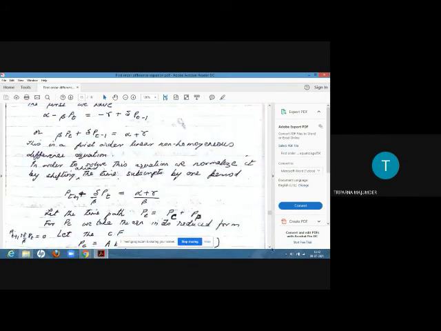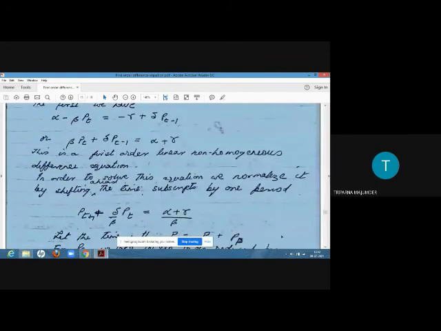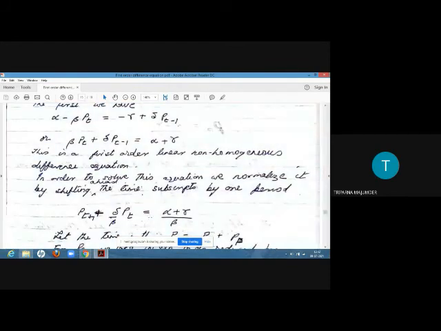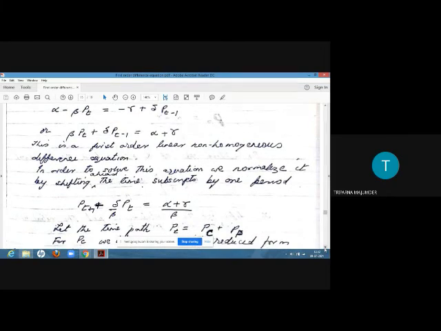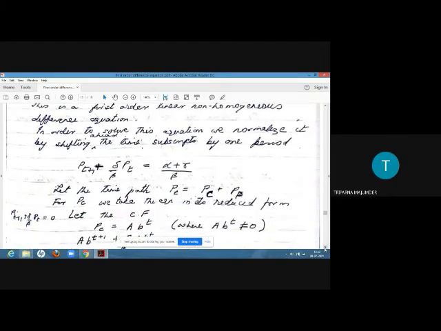Sorry, I totally misquoted the last sentence. Our difference equation is P_{t+1} plus delta by beta into P_t equal to alpha plus gamma by beta.